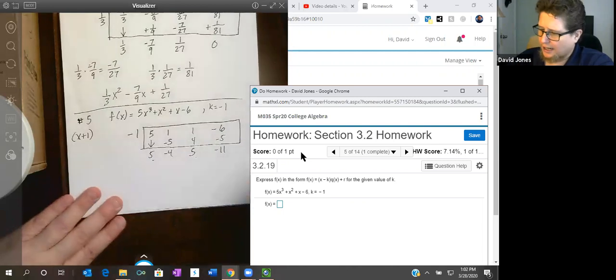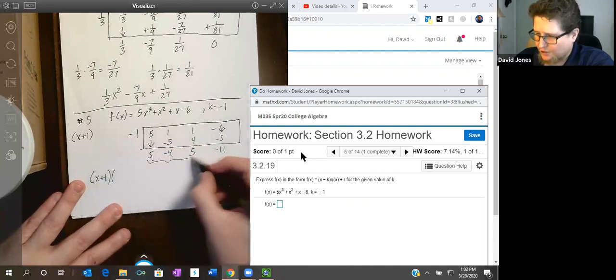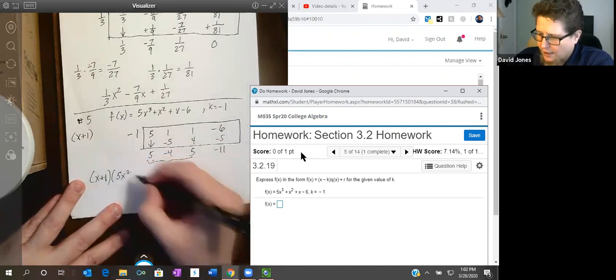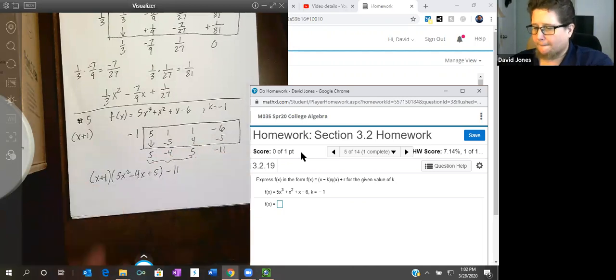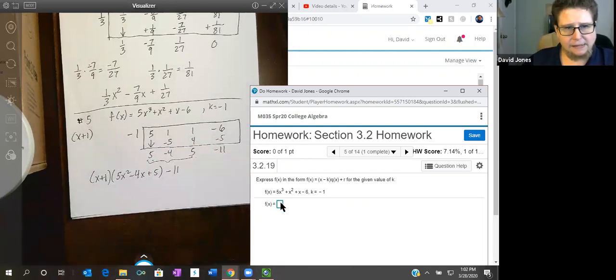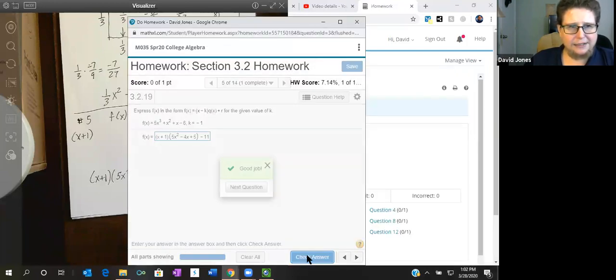Which means I should have x plus 1 times my q of x, 5x squared minus 4x plus 5, and then plus my remainder, which is -11. Looks like it matches up. I'll check my answer. Good.